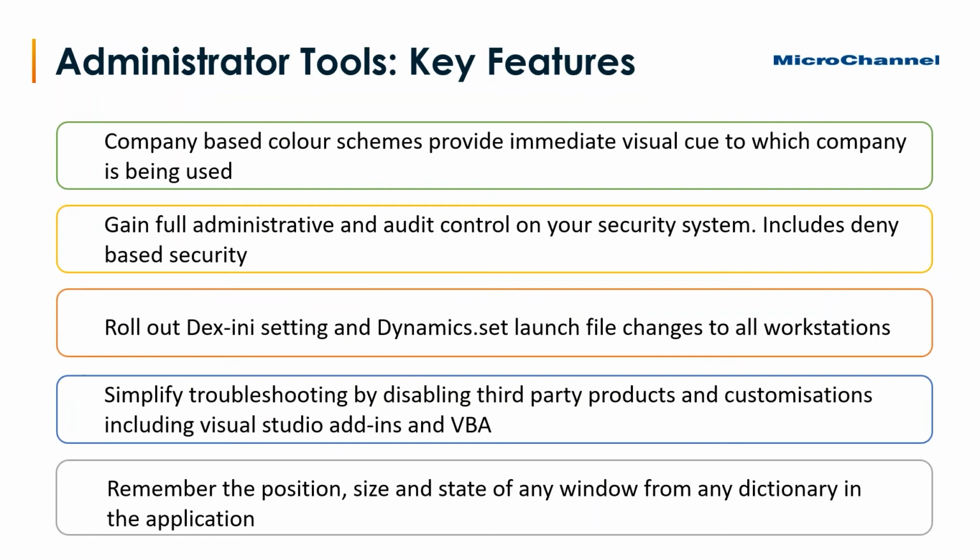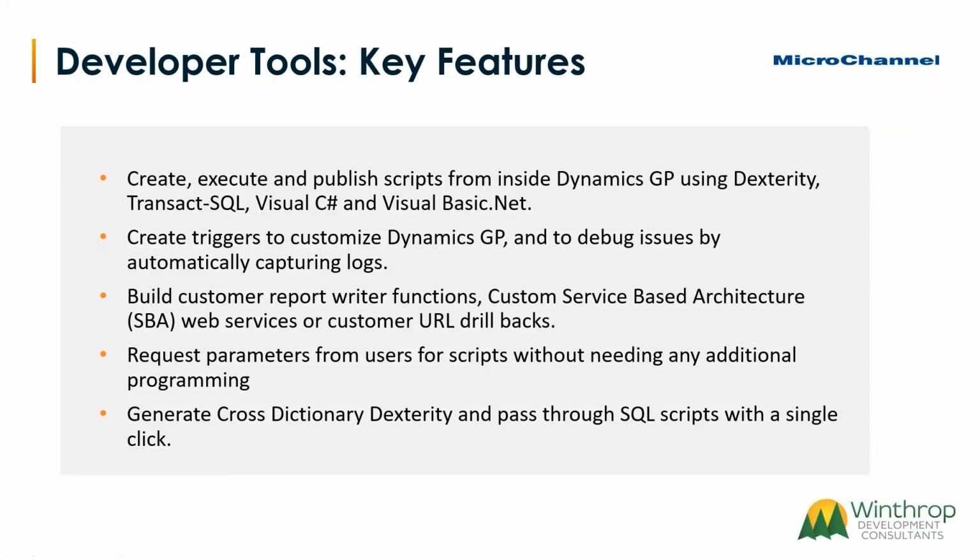Administrator tools covers all of the features that make GP easier to use, easier to administer, and easier to troubleshoot problems. The developer tools covers anything where you're involved with scripting or triggering, and this is where you can write customizations, replace VBA, and even link from external products back into GP or from GP out to external products.